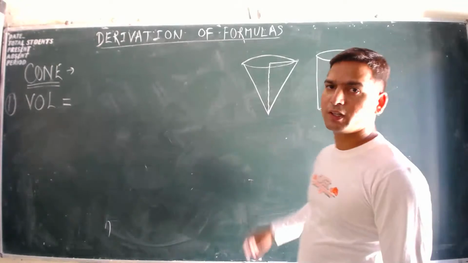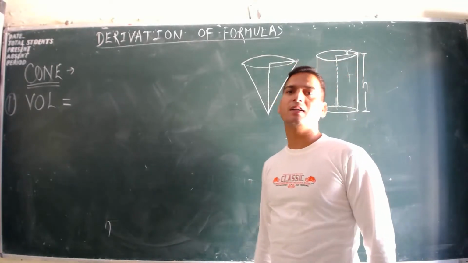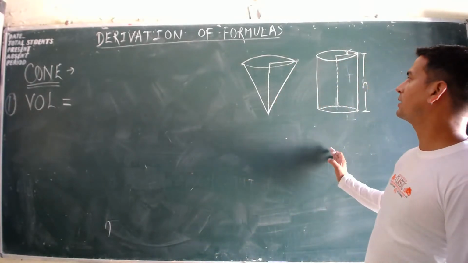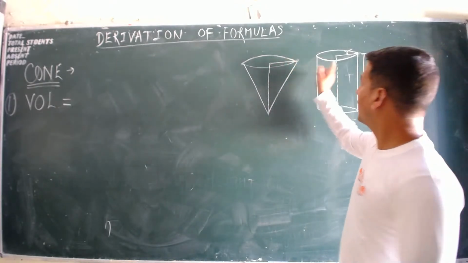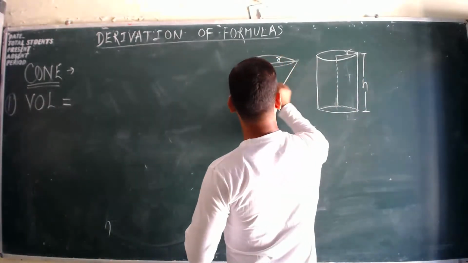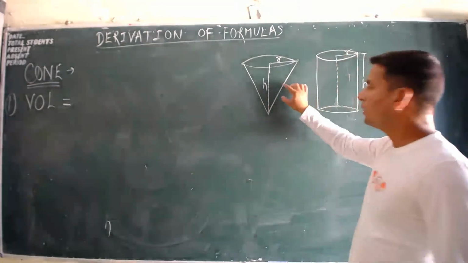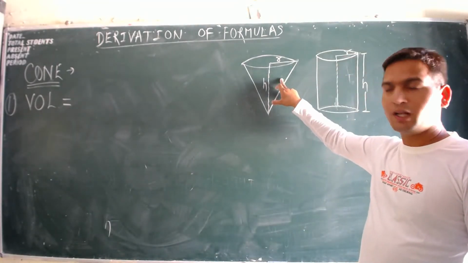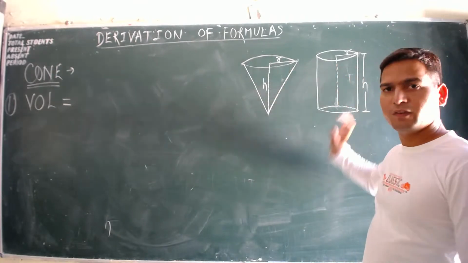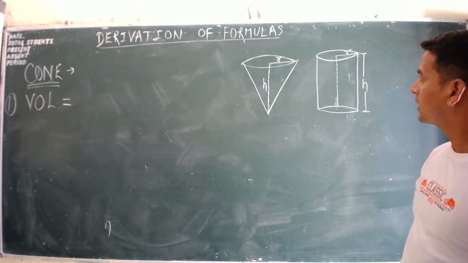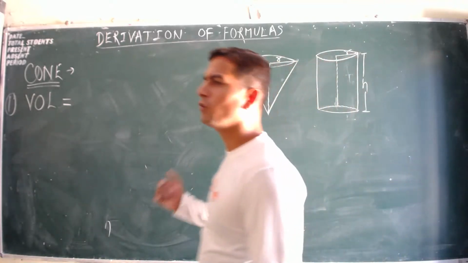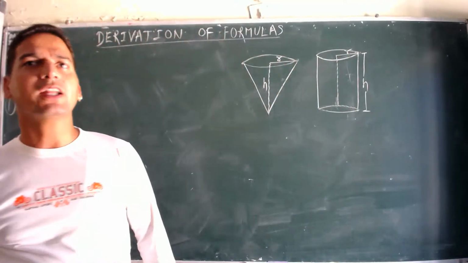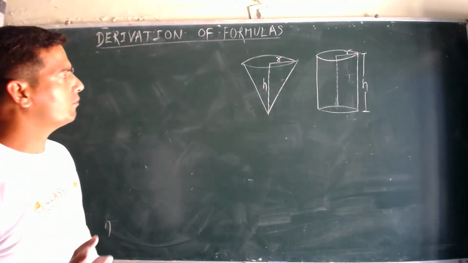These are equivalent to each other because the equal edges have been taken: same radius, same height. So this cylinder is equivalent to the cone and this cone is also equivalent to this cylinder. Both figures have the same height and the same radius.